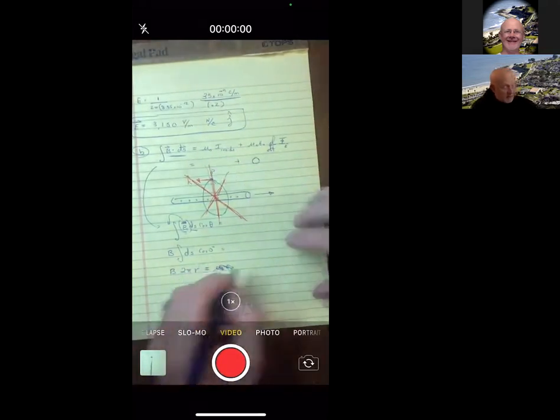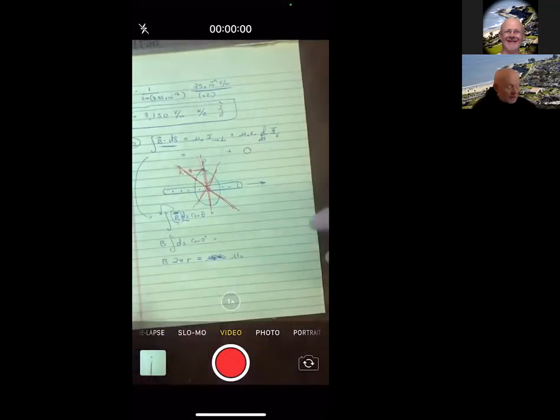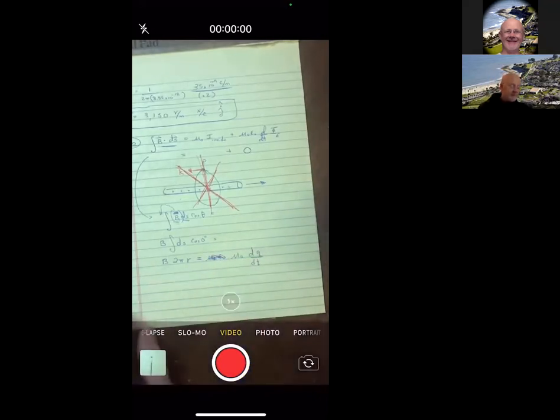It's this one: mu naught times the current. Let me write the current as dq dt. So this is the rate at which the current is flowing through or racing through.